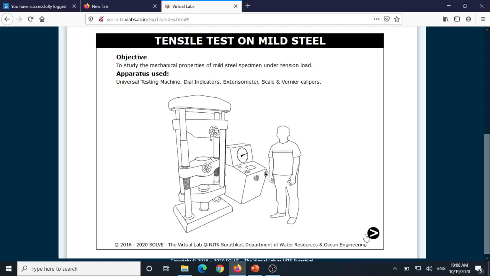Here you have two buttons. One is green, and when you press the green button, the loading on the specimen begins. The red button represents stop.